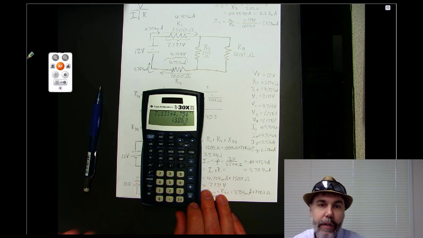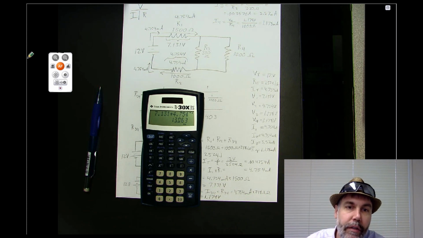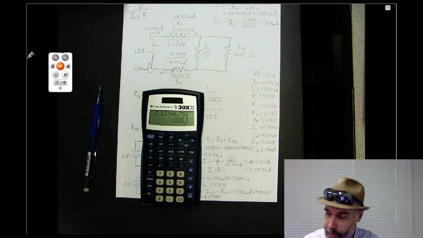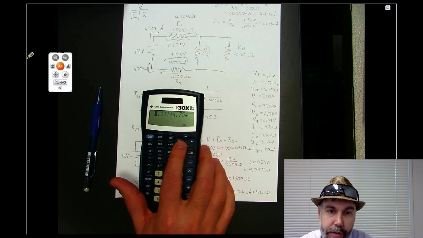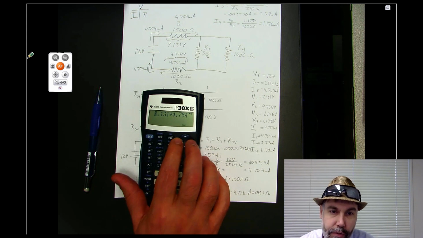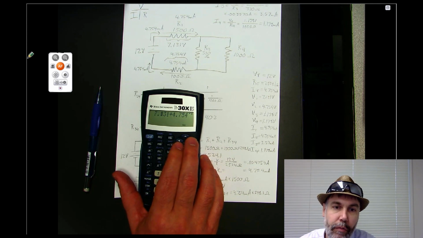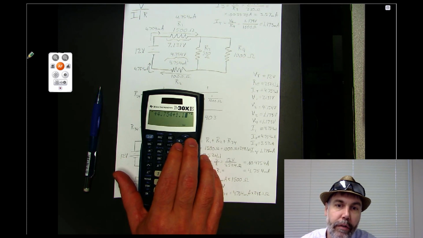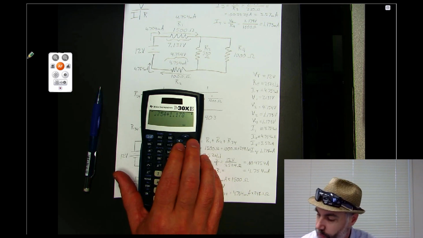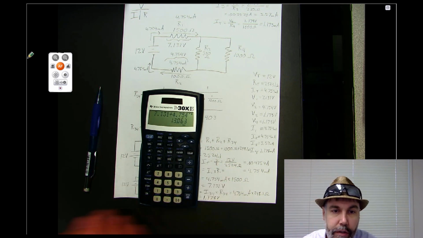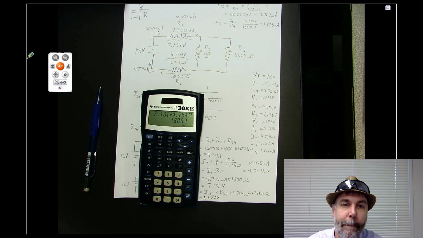So if we add those all together, okay, so did I type something in wrong? Let's see, because that came out too big. So 7.131 plus 4.754 plus 1.178, giving me 13.11.8.